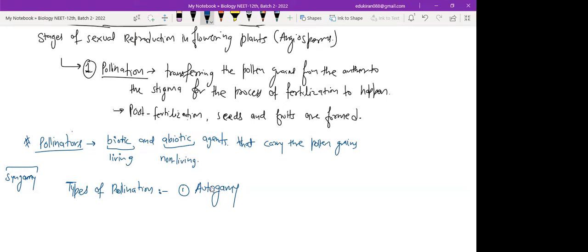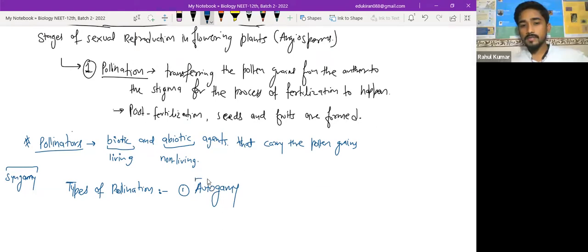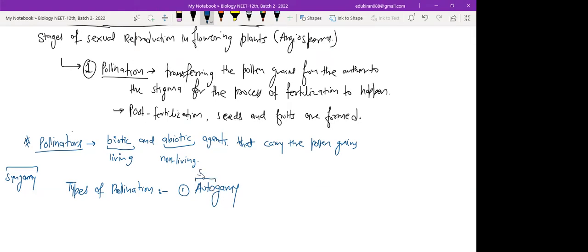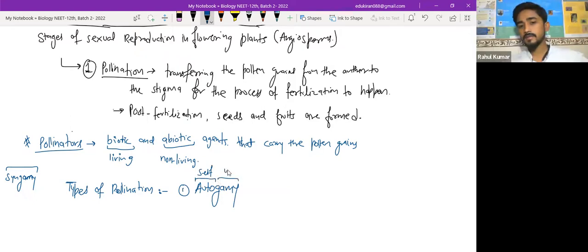Okay. So the word auto means self. And the word gamy means fusion or union or togetherness. So autogamy is the pollination which is self-pollination, correct? It's not difficult to understand if you understand the word.